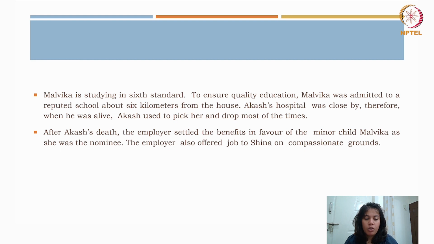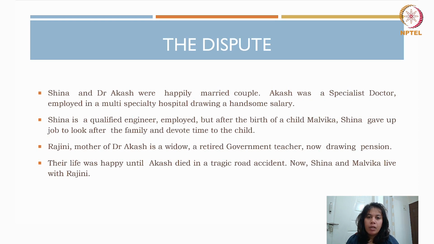Till the time you're jotting it down, let me explain these facts to you. This is a dispute between a mother-in-law and a daughter-in-law, namely Rajni and Shaina. Shaina was married to Rajni's son, Akash, and they were happily married.